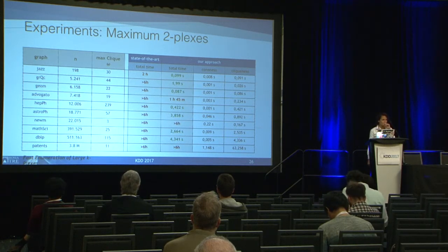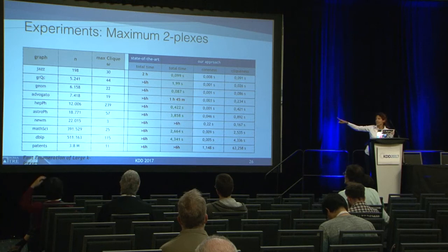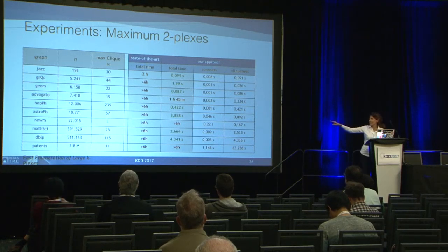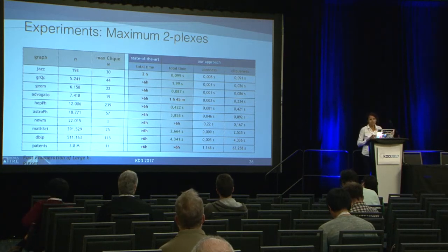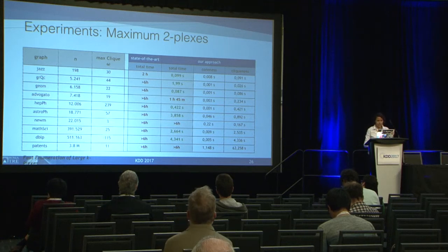The reason is that, as you can see in the column where we have the max clique number, look at the Newman graph, the max clique is 3. So it's a very small number, and that will give you very small thresholds, resulting in no filtering at all in practice. So you really have the same graph that you had before, so no surprise that the enumeration still has more than 6 hours running time.